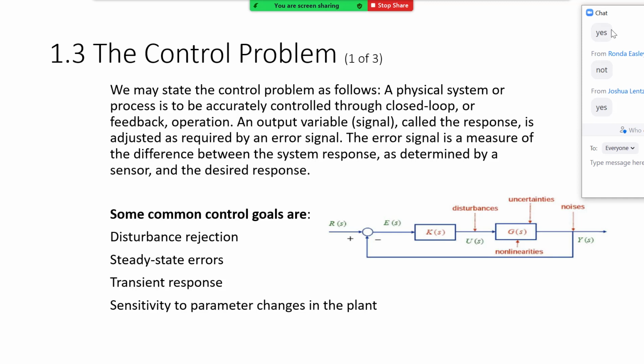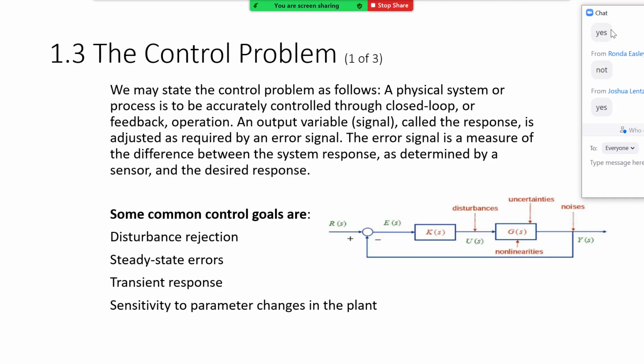You don't need to do all this work with feedback and changing the controller. If the plant is always going to behave exactly the same, I can just tell you, apply this much voltage to the input and you're going to get the response that you want.